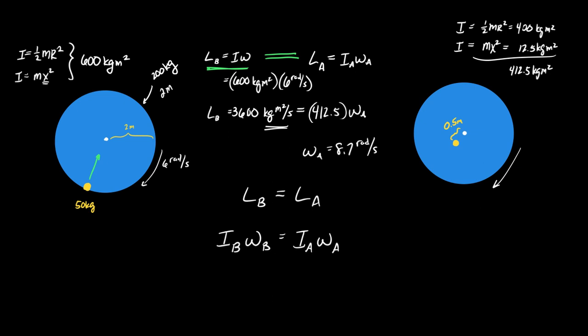I know it's pretty obvious, but if the moment of inertia increases, the angular speed has to decrease. If the moment of inertia decreases, the angular speed has to increase. The product has to stay the same.